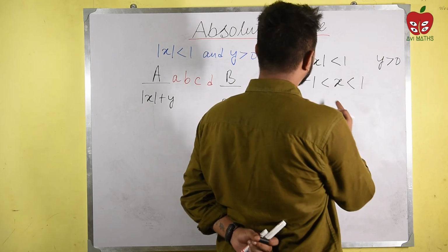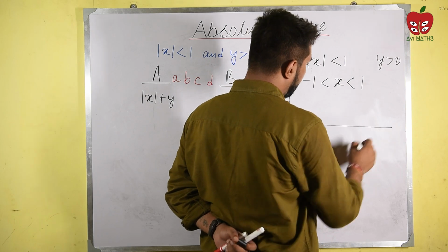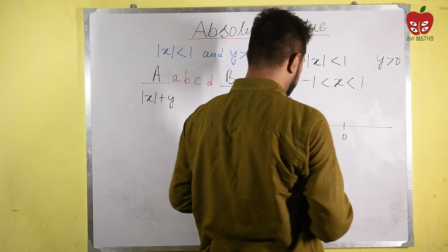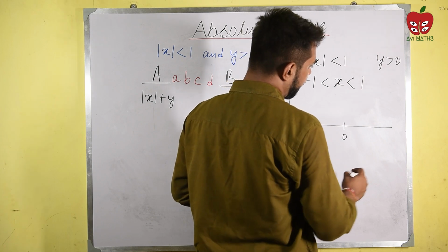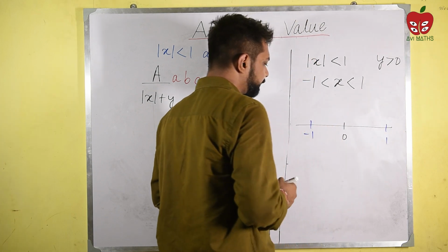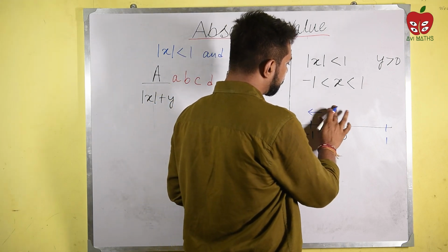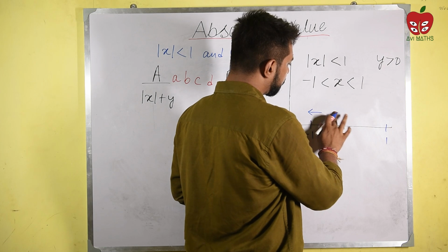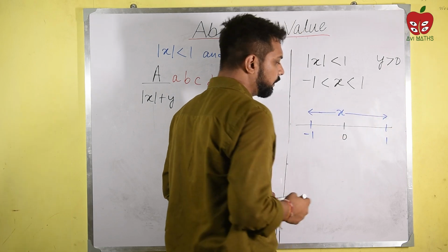So guys, if x value is from minus 1 to 1, let me draw one number line quickly here. So 0 is here, let's say, and minus 1 I am writing here, and 1 I am writing here. So x range is from here to here. Fine.